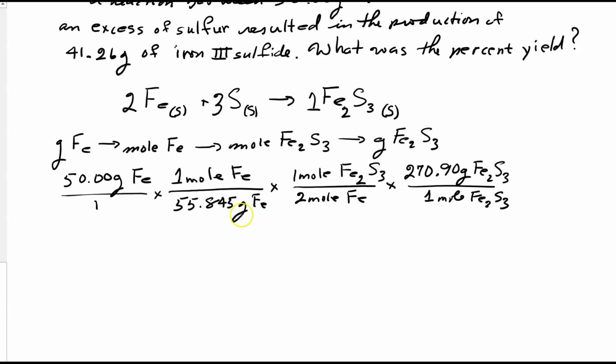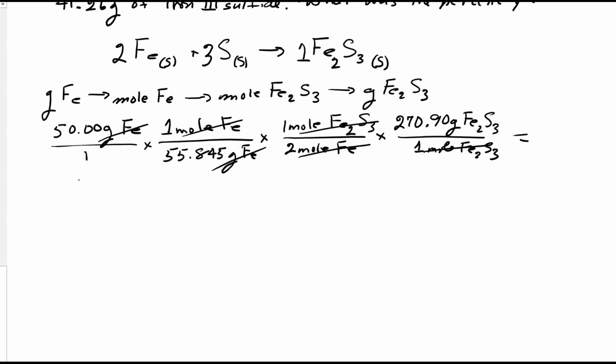So again, here you notice that the grams of iron cancel, the moles of iron cancel, the moles of iron sulfide cancel, and we're left with grams of iron sulfide, and it turns out to be a total of 121.27 grams of iron 3 sulfide produced. And this represents a total 100% yield.